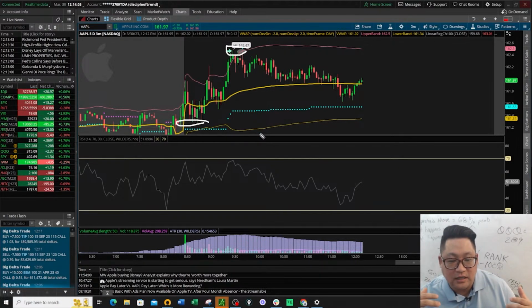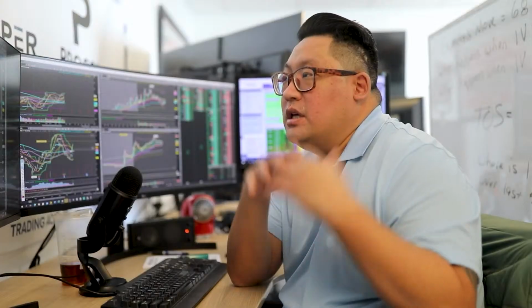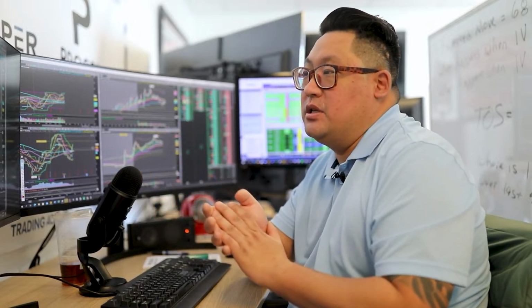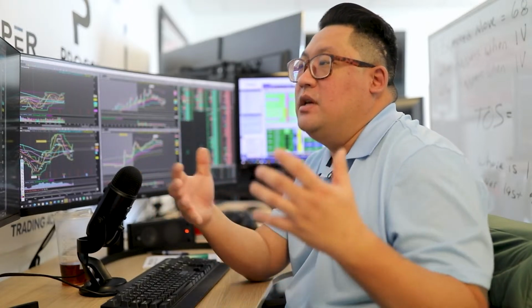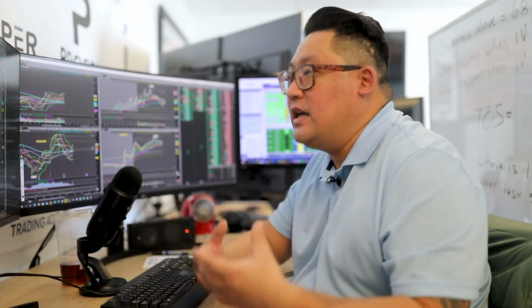This is where we could see a lot of participants get involved. And this is extremely important because when we recognize that participants are getting involved, that also means that there's a lot more volume coming in and pricing activity could kick up, and we could see extreme movements come into the picture.